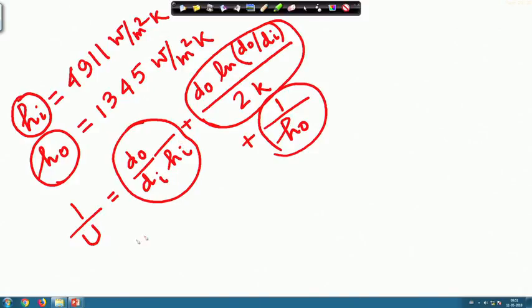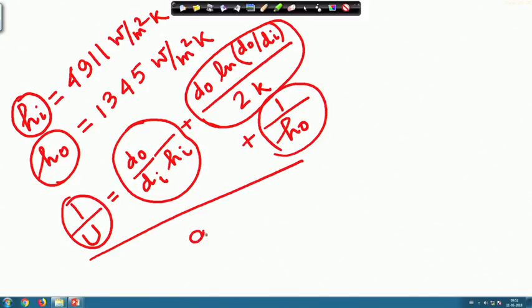So, this is how we calculate the overall heat transfer coefficient, and it will come out to be 948 watt per meter square Kelvin.